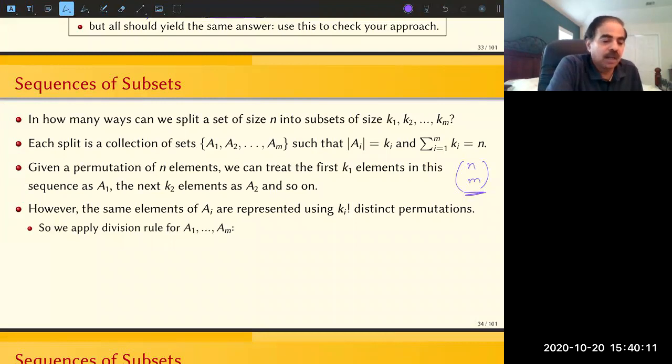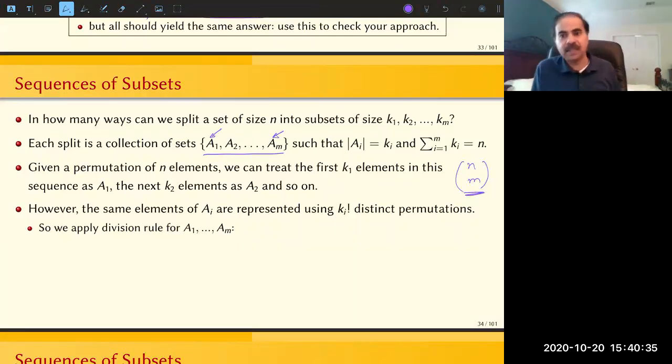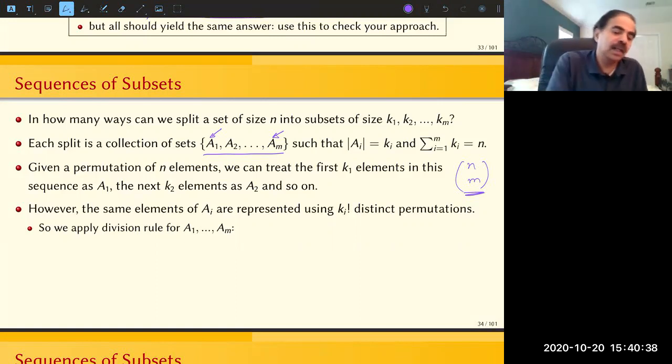But what if you don't want just one subset, but you want multiple subsets, A1 through Am, such that these subsets together cover the whole set? So we want to split a given set into m subsets, right? The word split says that every element should appear in one of these and exactly one of these, right?